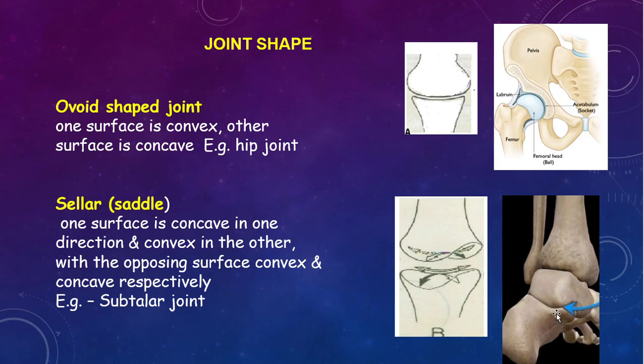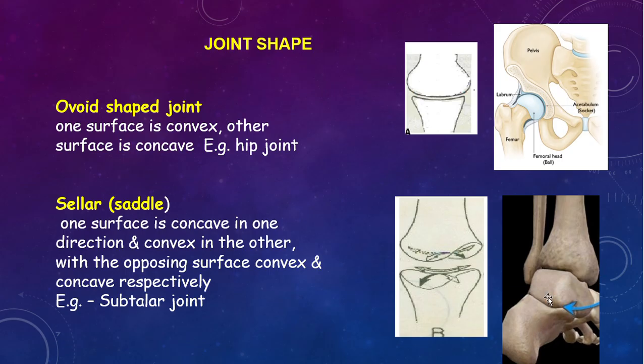But it's also possible in some joints, in some parts of the body, for the top bone not to be totally convex. Part of it will be convex, the other part concave. And the lower bone will not be totally concave. Part of it will be concave, the rest convex. Where the upper bone is convex, the lower bone is concave, and where the lower bone is concave, the upper bone is convex.